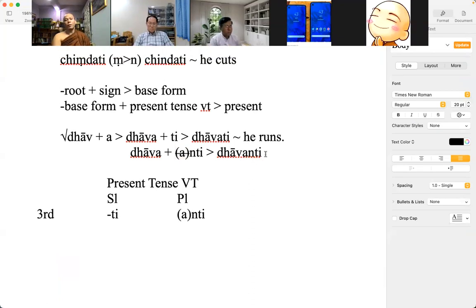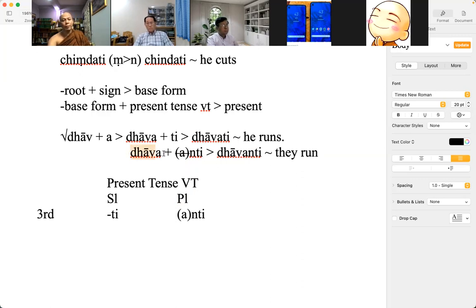So now, dawanti. This anti is present tense, third person, plural. So that is why the meaning of this, dawanti, means they run. Okay. So the base dawa is the same.